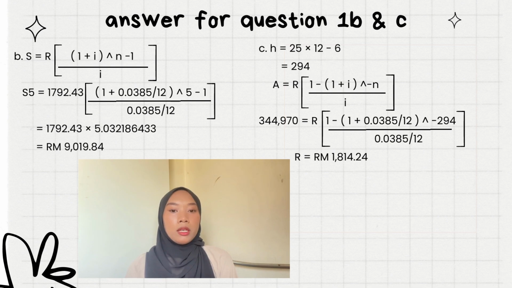So the information is A 344,970 ringgit equal to R in bracket (1 minus (1 plus 0.0385 divided by 12) to the power of negative 298) divided by 0.0385 divided by 12. So the amount of the outstanding balance to settle his loan 2 years earlier is 1,840 ringgit 24 cents.